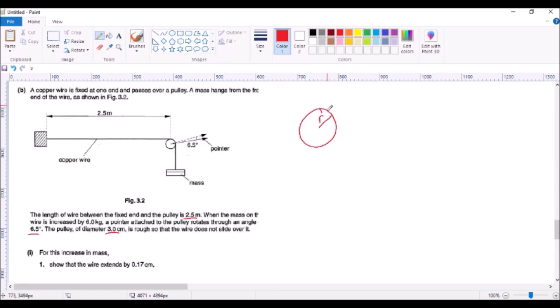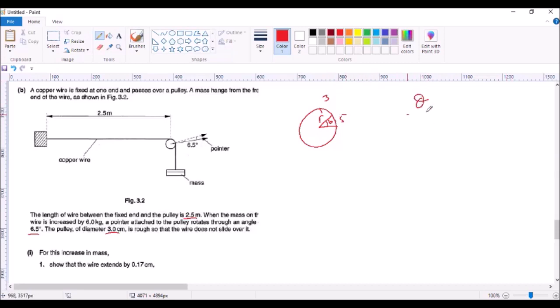The diameter is 3 centimeters, so R is 1.5. What's the length of a sector of a circle? It's R times theta, 1.5 times 6.5. But theta should be in radians if you are using that.